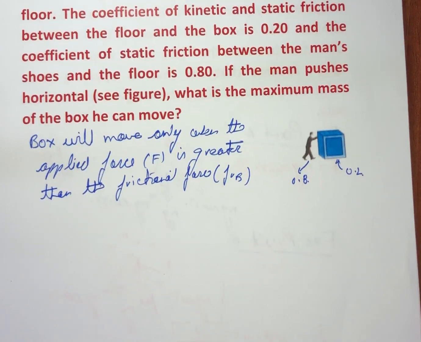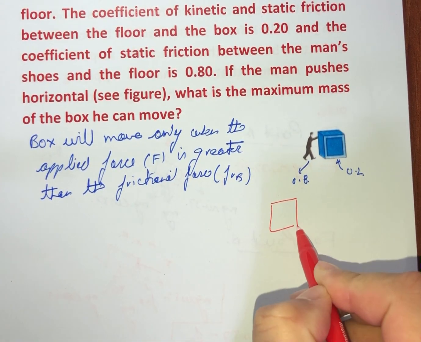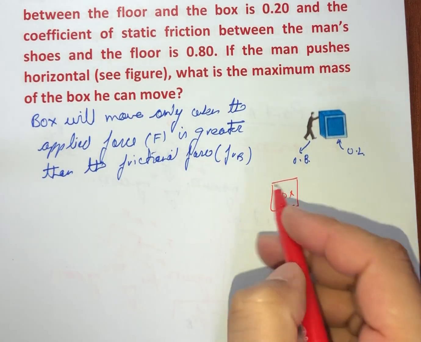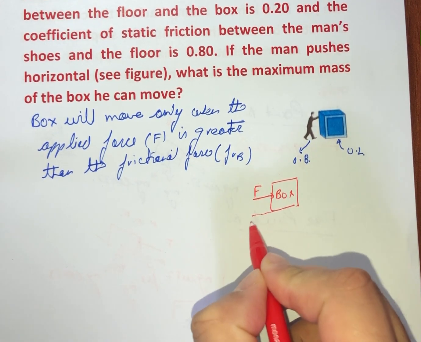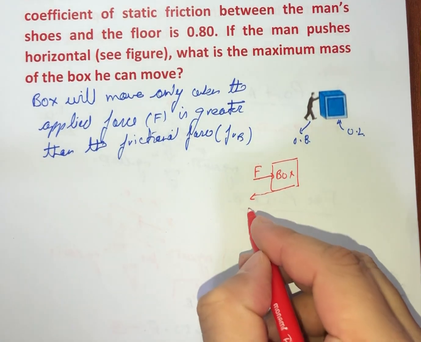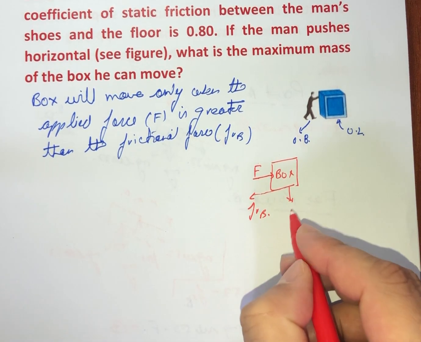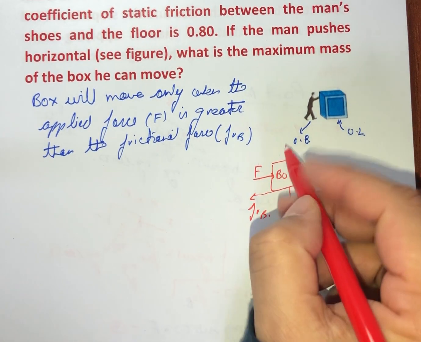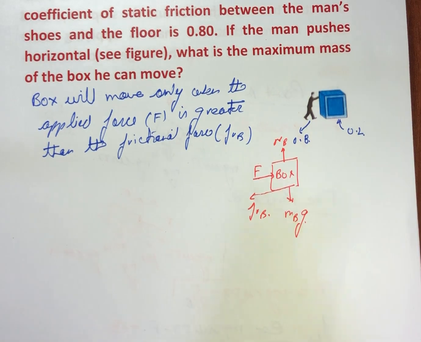So we can draw the free body diagram for the box. So this is a box. A force F is being applied on it, and it is having a frictional force FRB. In the downward direction, there will be MBG, where MB is the mass of the box, and in the upward direction there will be the normal force, let us suppose that is NB.